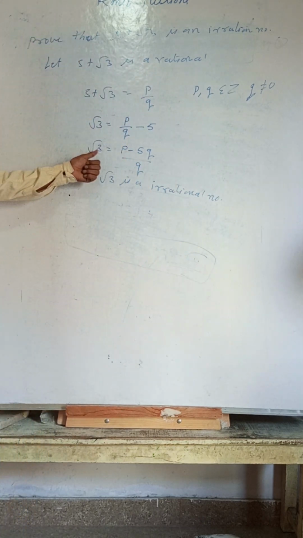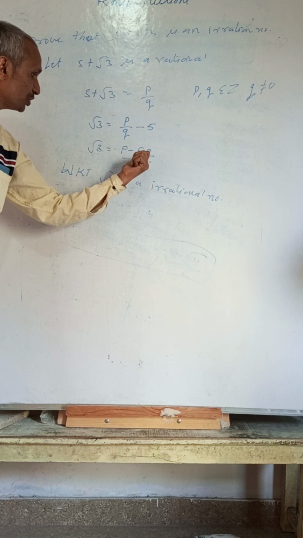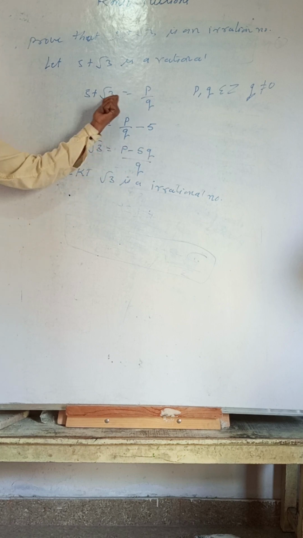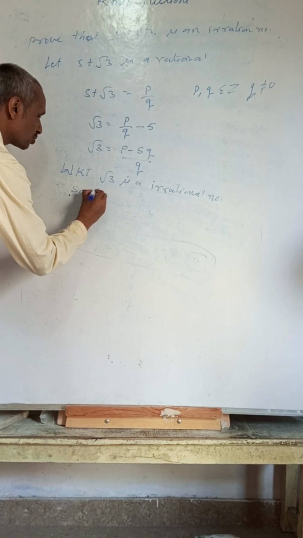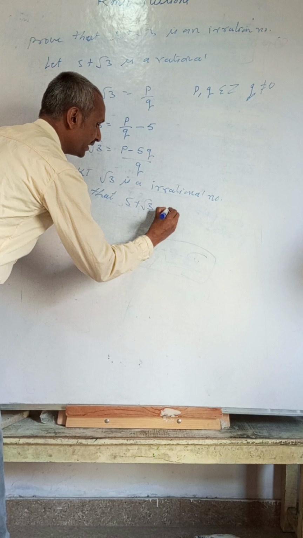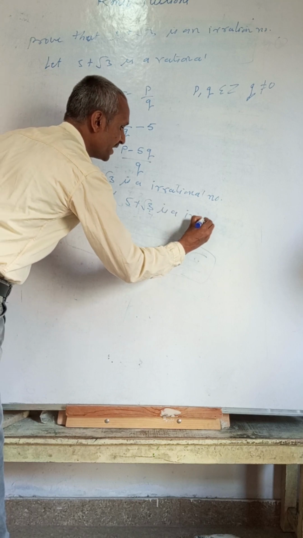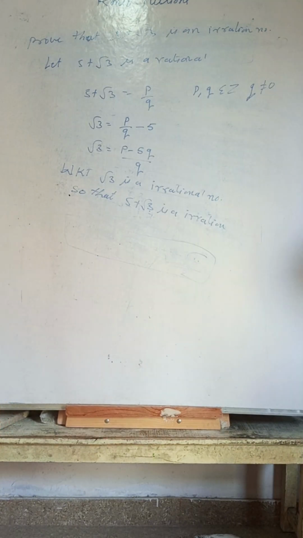But root 3 equals this number, p minus 5q by q, which is rational. This contradicts, so 5 plus root 3 is an irrational number. Hence it is proved.